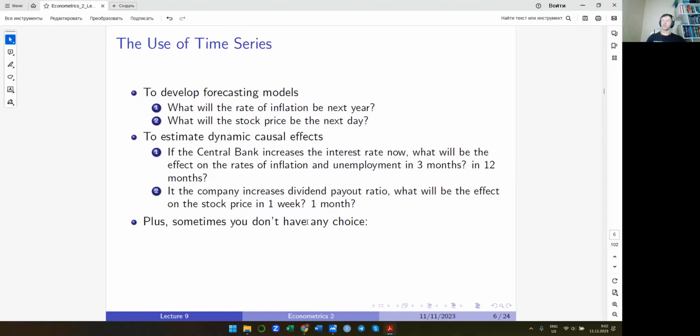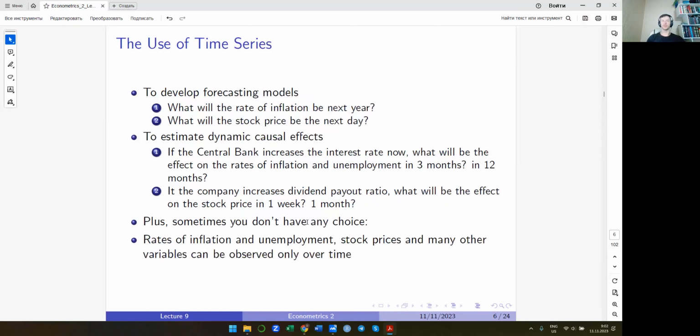Sometimes you don't have any choice. You have to work with time series. For example, rates of inflation, unemployment, stock prices, and many other variables are just observed over time. If you go to work for some corporate sector firm, and you are in charge of predicting future revenue of a company, revenue is also a time series.